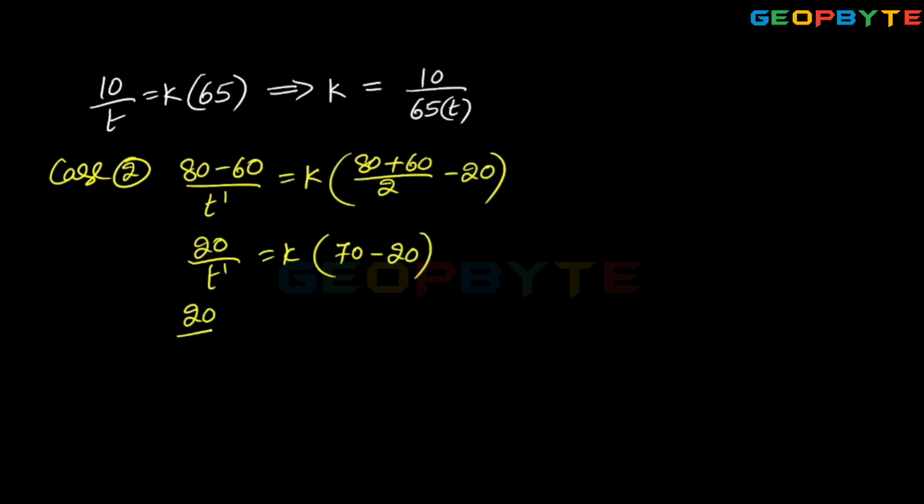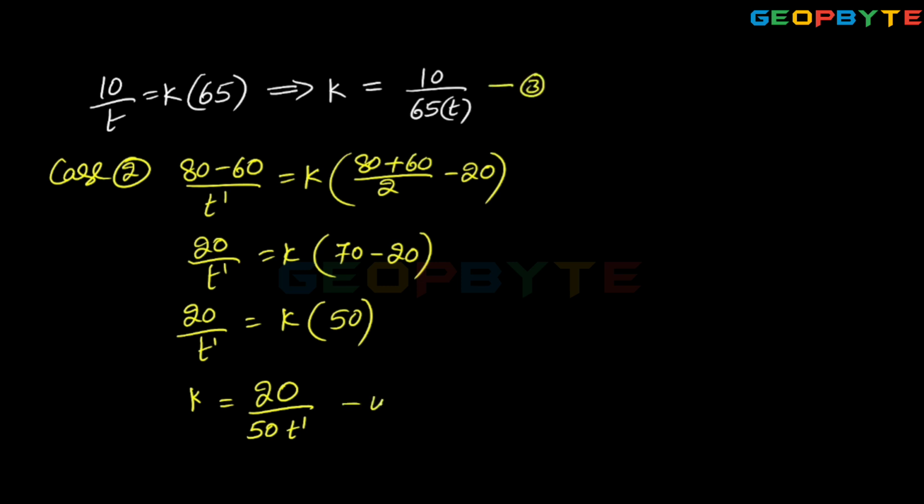Here 20 by T dash is equal to K into 50. From this K equal to 20 by 50 into T dash. Now let this be relation number 3.